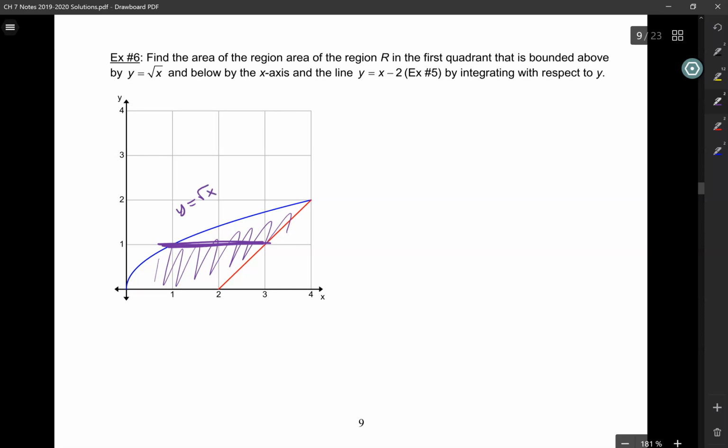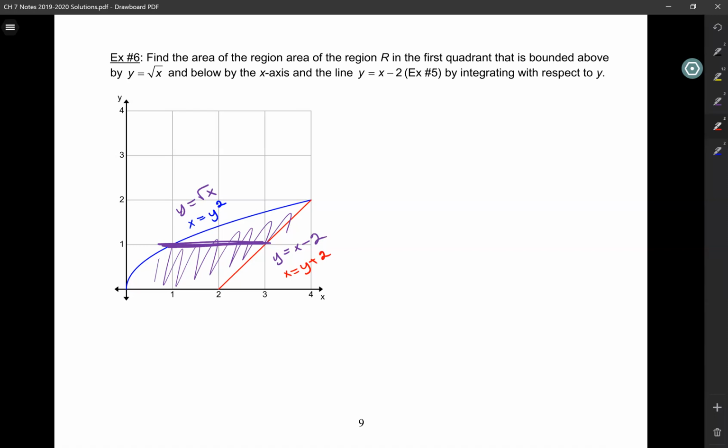To the right, I have y equals x minus 2. And for the entirety of that region, it's the same. So I solve the blue one: x equals y squared. And I solve the red one: x equals y plus 2.